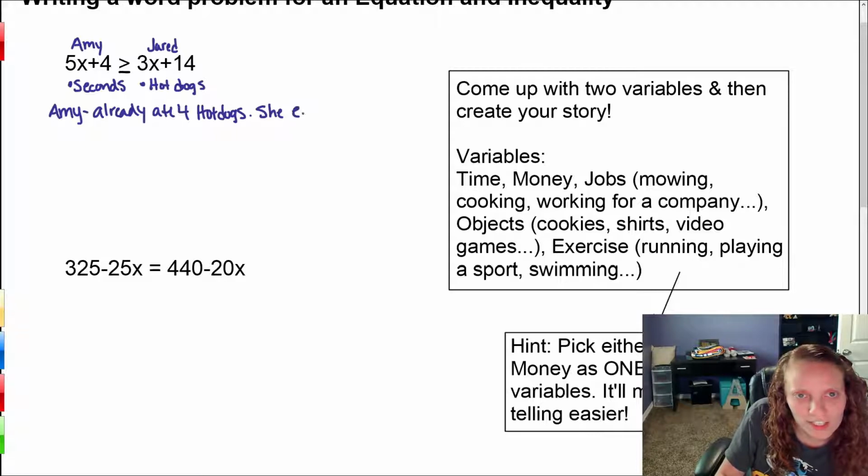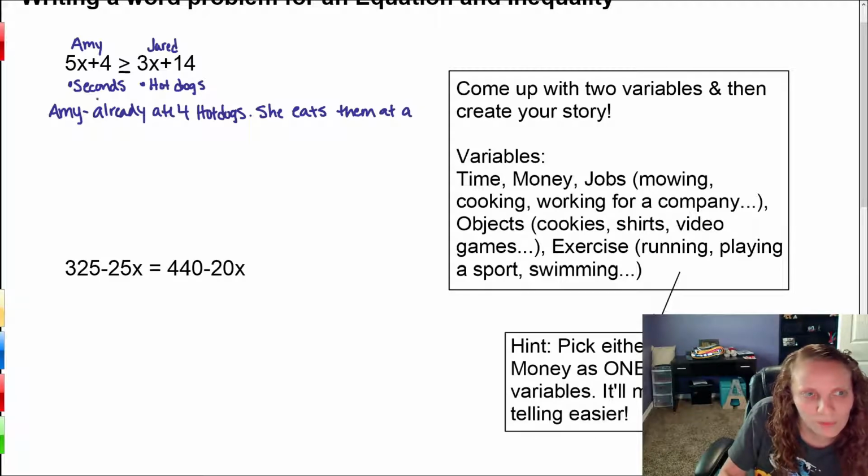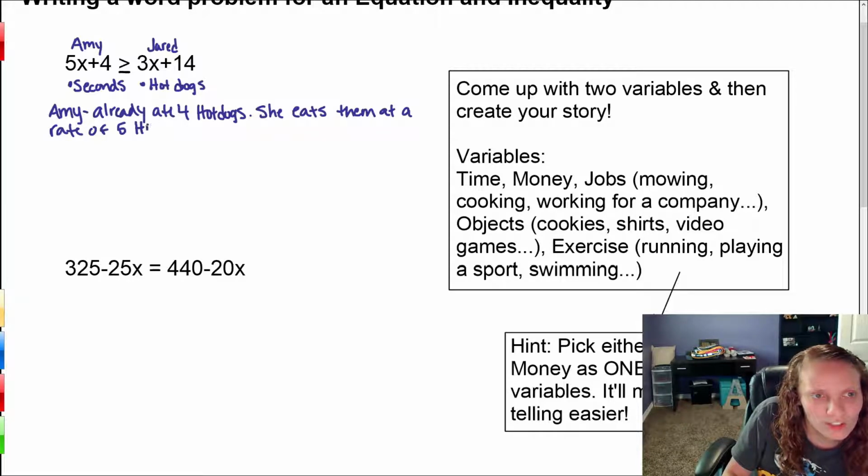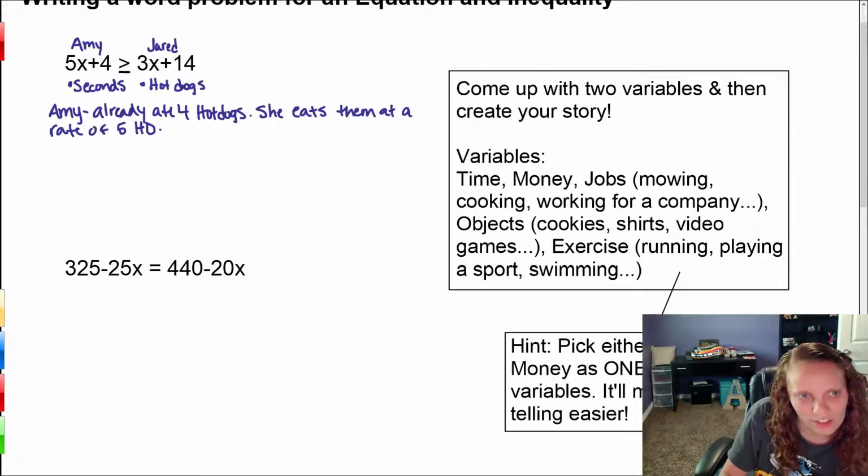So she eats them at a rate of 5 hot dogs, and I'm going to abbreviate hot dog, per second.